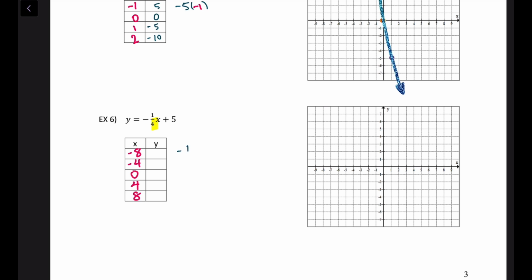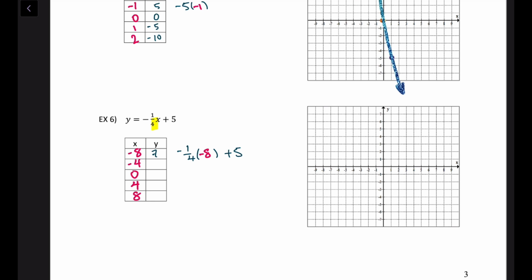And again, once you have typed this into your calculator, second enter just rewrites what you last typed, and you can just change out that x value. So when we plug in -8, we should get 7.